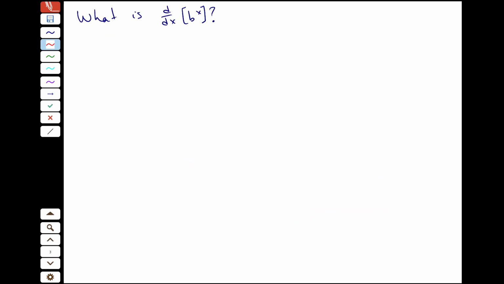Okay, we're going to use this in order to find the derivative of any exponential function, b to the x. So to start this, we want to write b to the x in terms of a base of e.